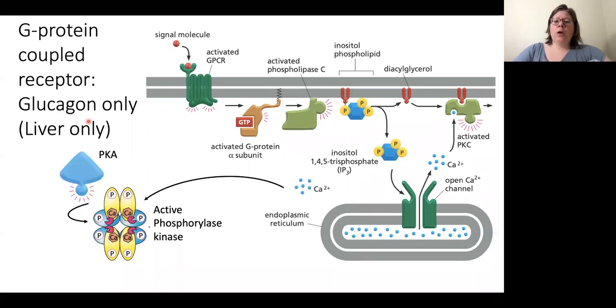So when there's calcium present inside the cell, this calcium can bind to and activate the calmodulin subunit of phosphorylase kinase. So phosphorylase kinase, recall, has phosphorylated domains, so they can be activated by PKA, as we just talked about. These phosphorylated domains can also be phosphorylated by protein kinase C. So that's really helpful. We've got two kinases that can activate phosphorylase kinase.